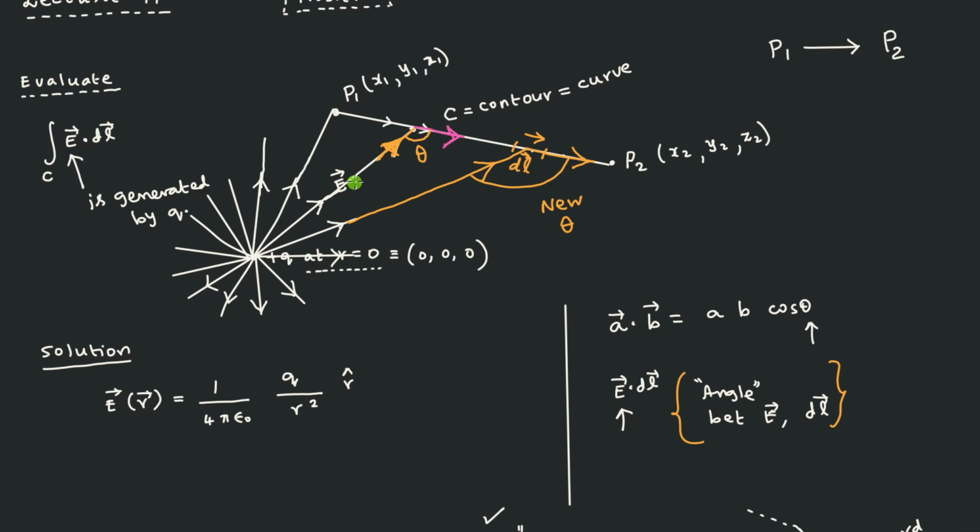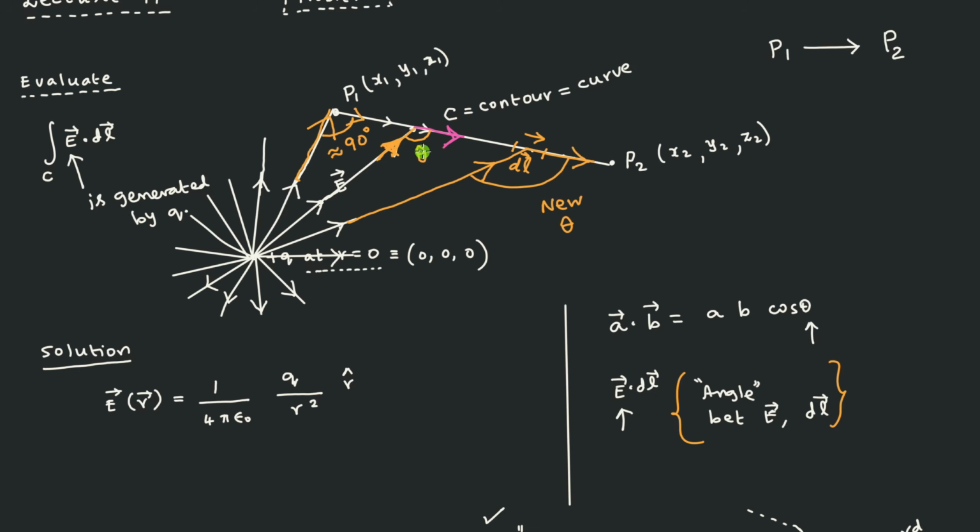Theta is not constant, because you can very easily see that when you start walking, this is the direction of the electric field and this is the direction of your travel. As you can see, this angle is approximately 90 degrees. Approximately, it is not exactly 90, but at least you can see something like 90 degrees here.